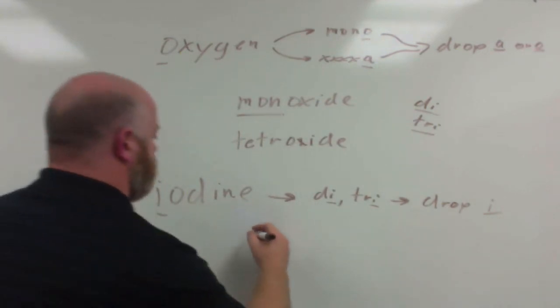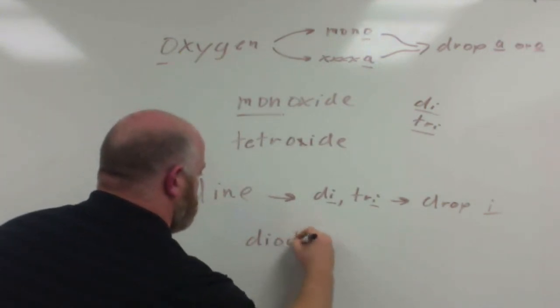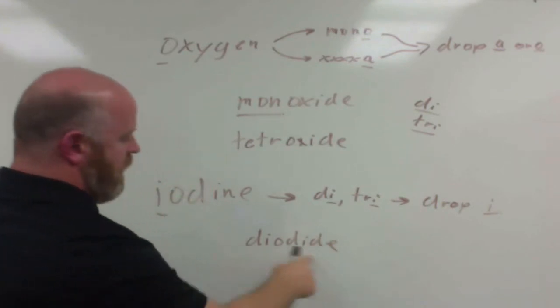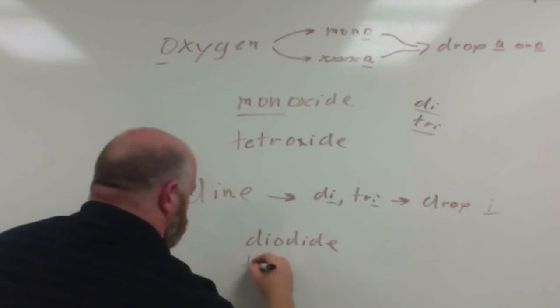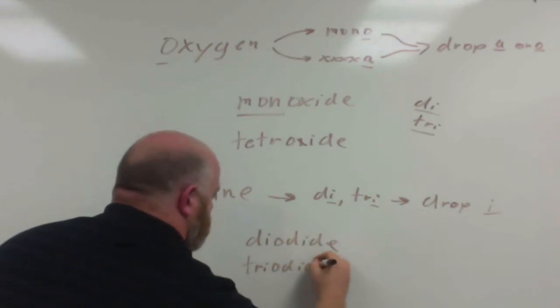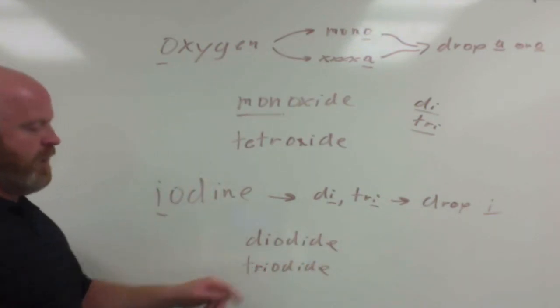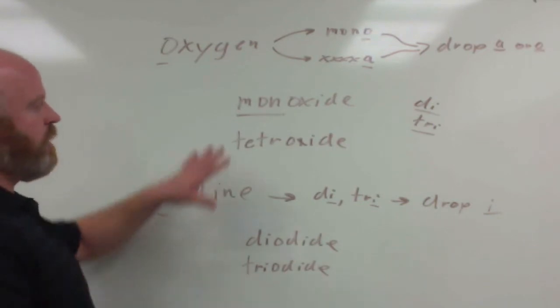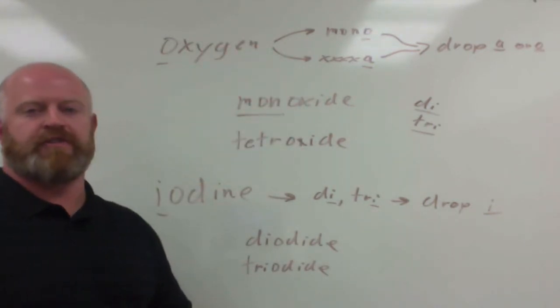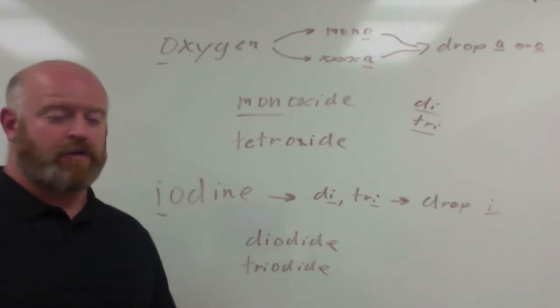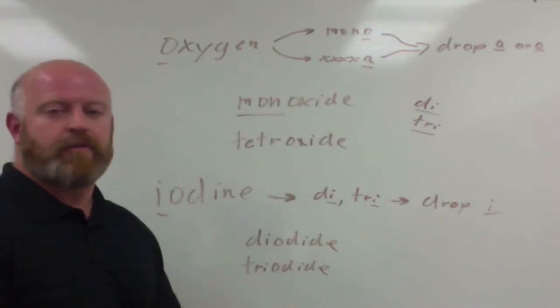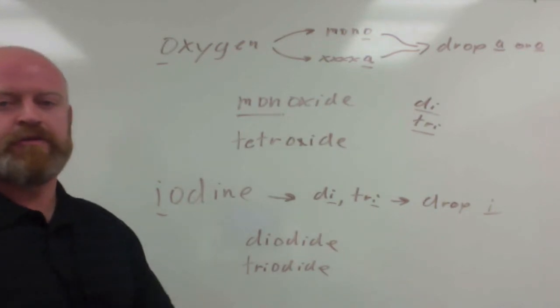So for iodine, you would say diodide with only one I in it, or triodide with only one I in it for these. Okay, so a couple little details when it comes to putting the prefixes on we have to remember to do. If you don't do those things, I do have to count it wrong because that is not the right way to put those things in, and we're going to make sure we do it the right way.